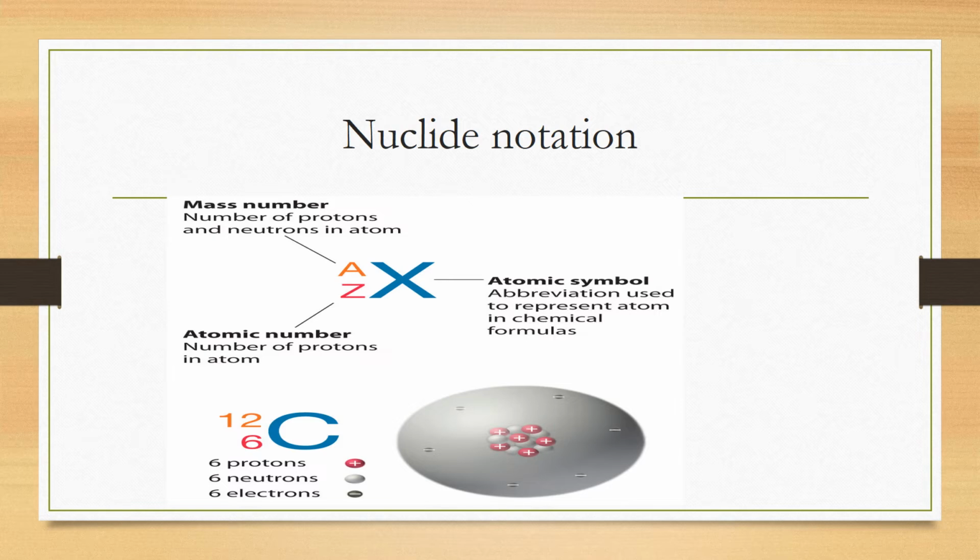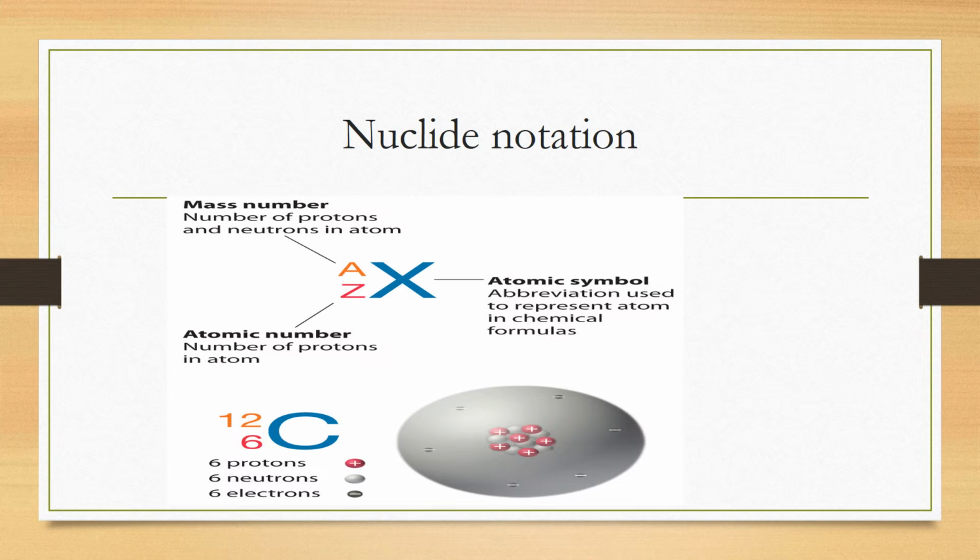Our very good example here is C. This C is the chemical symbol for carbon, and 12 is the mass number of carbon, and 6 is the number of protons in carbon. There's something I need you to know: the number of protons and the number of electrons are always the same in a neutral atom.